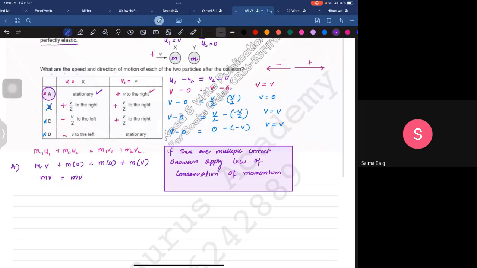So if that is the case, we got to check, right? So for our own understanding, let's check the other ones as well.